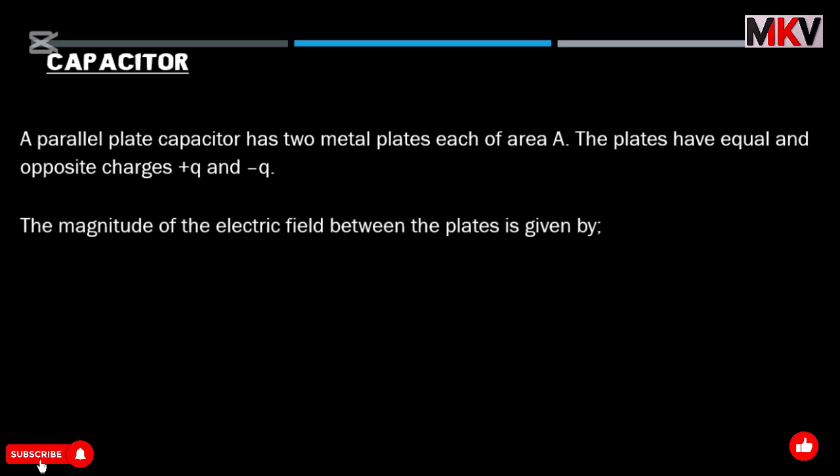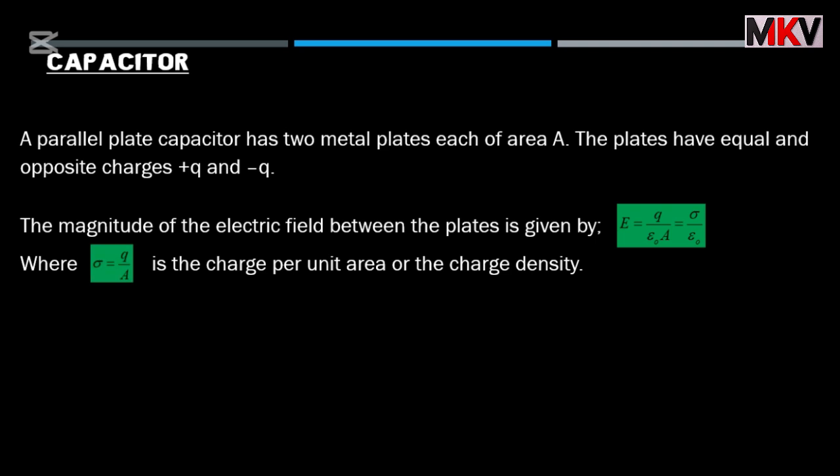The magnitude of the electric field between the plates is given by E equals Q over epsilon naught A. This can be simplified into charge density over epsilon naught, where charge density is Q over A, the charge per unit area.